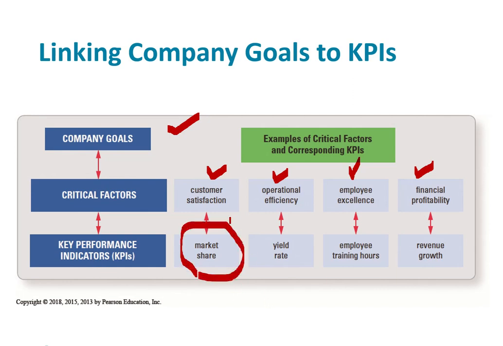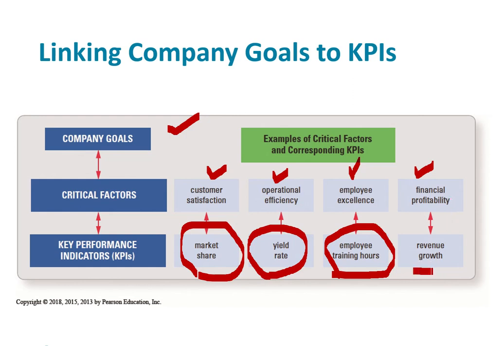That would indicate exactly if the customers are satisfied, there'd be a higher market share. Operational efficiency, you can take a look at the yield rate. Employee excellence, how many training hours are the employees getting? And financial profitability, one of the main ones there would be the revenue growth.